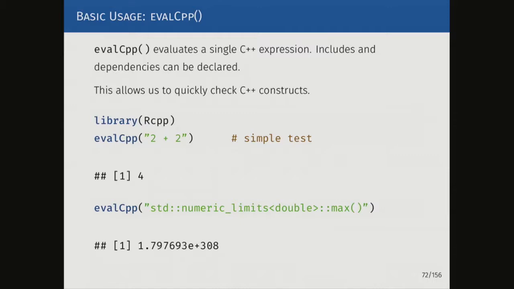With evalCpp, you can always check that your compiler is right. If you get 4 back from 2 plus 2, or similar for other simple expressions, then your system is set up and you can build. If you get error messages, it just means something's not quite right. Again, RStudio is quite helpful there in catching some error messages if on Windows your path is wrong, whatever.